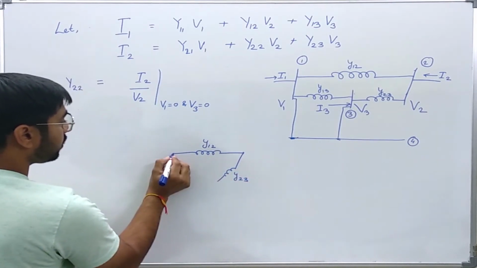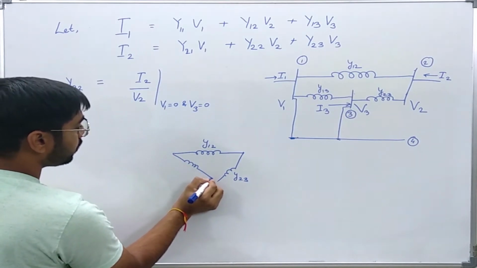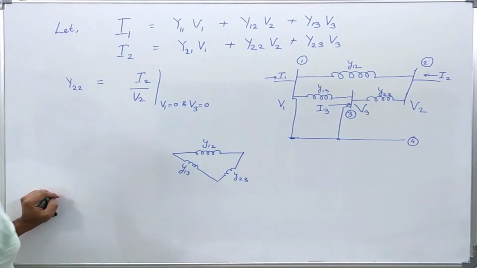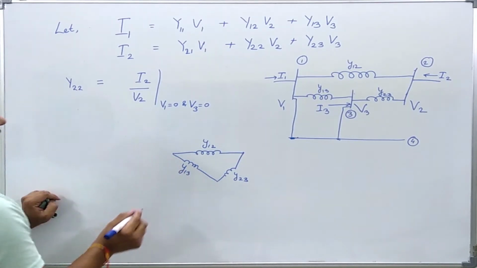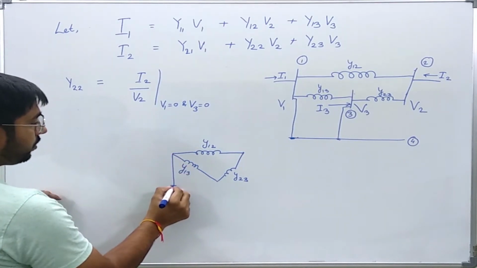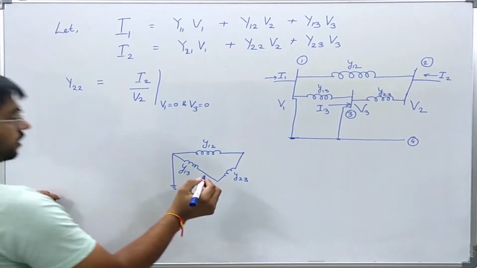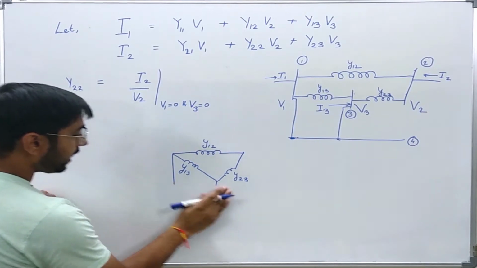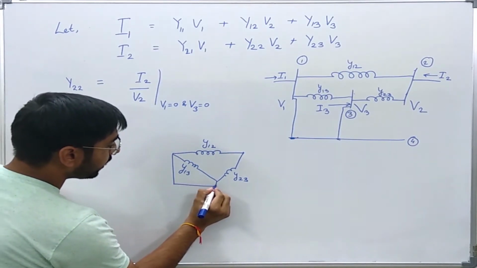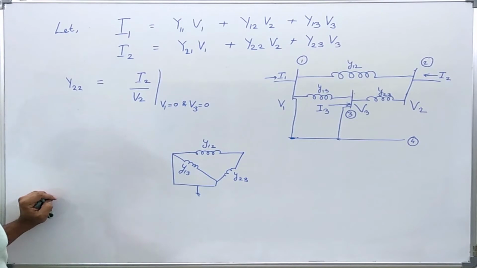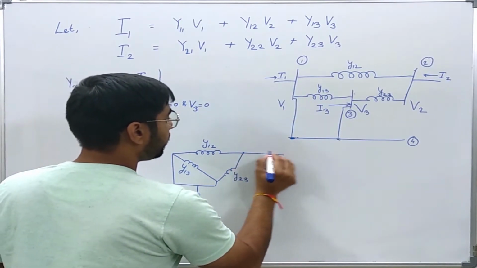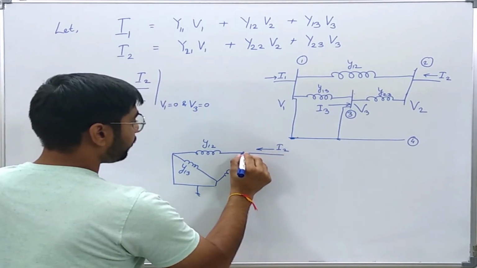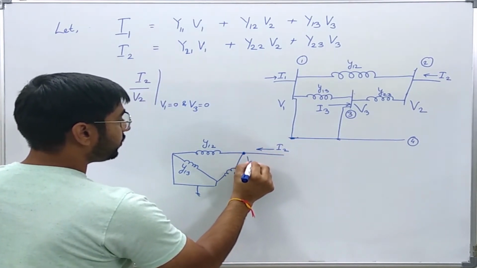This is connected to ground and this is also connected to ground, or I can show that these two are connected to ground, and here the current entering is I2 and the voltage at this node is V2.